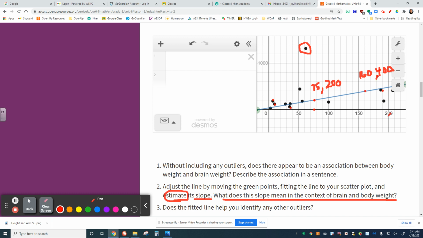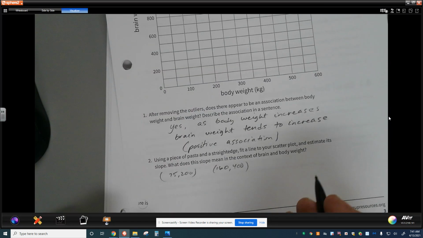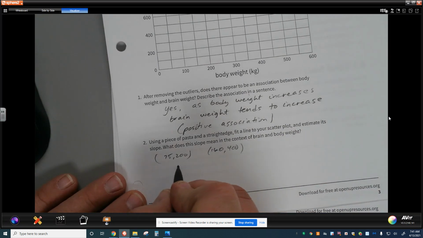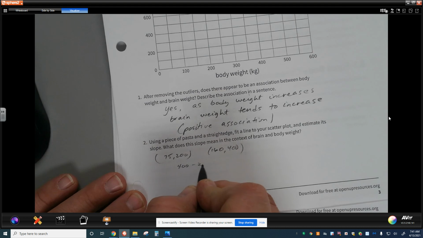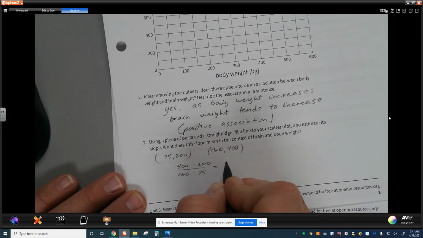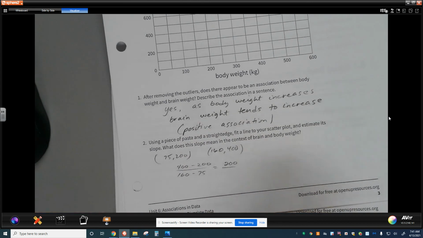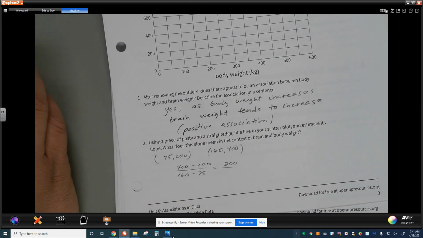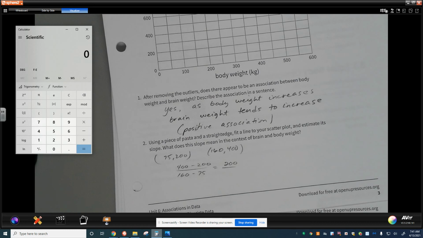So 75, 200, and 160, 400. When we find our slope right here, we're talking about 400 minus 200 divided by 160 minus 75. So we have 200 divided by, I'm not feeling like thinking a whole lot today, but I think it's going to be somewhere around 85.